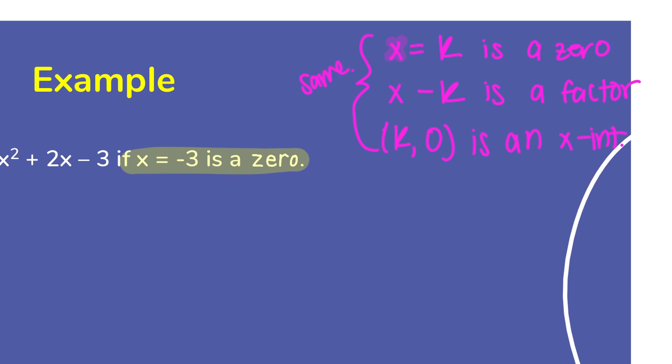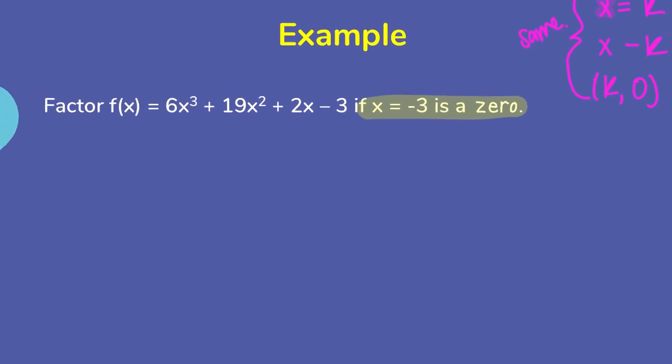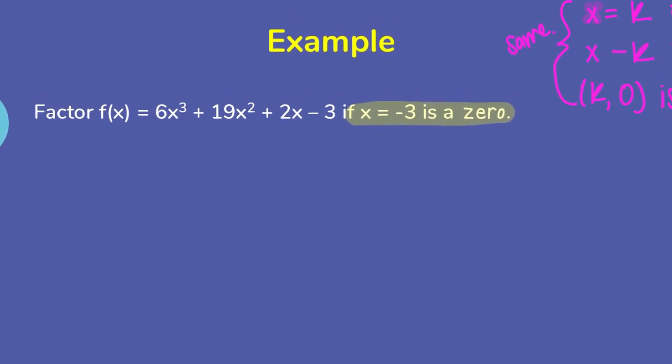You can see these written this way, and you just have to know which one you're using and what you have to find. So looking at this, let's go ahead and solve it. First thing I have to do is use my synthetic division.